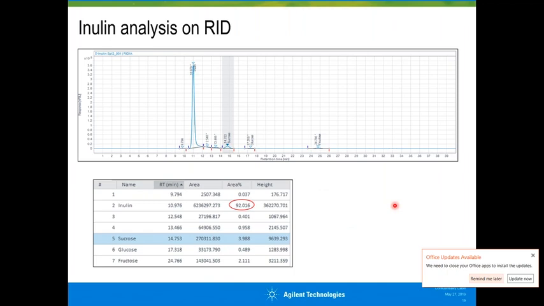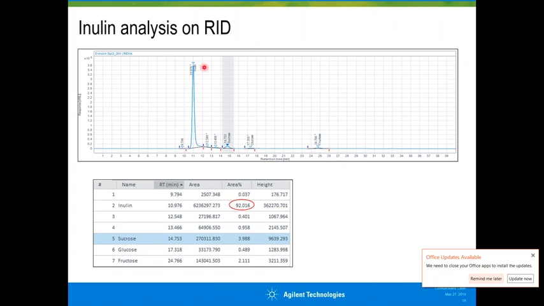One very unique application as well that we did on RID. Basically, inulin was sourced from some plant, and there was no standard available. We injected the same on this RID detector and got a response, got a chromatogram.